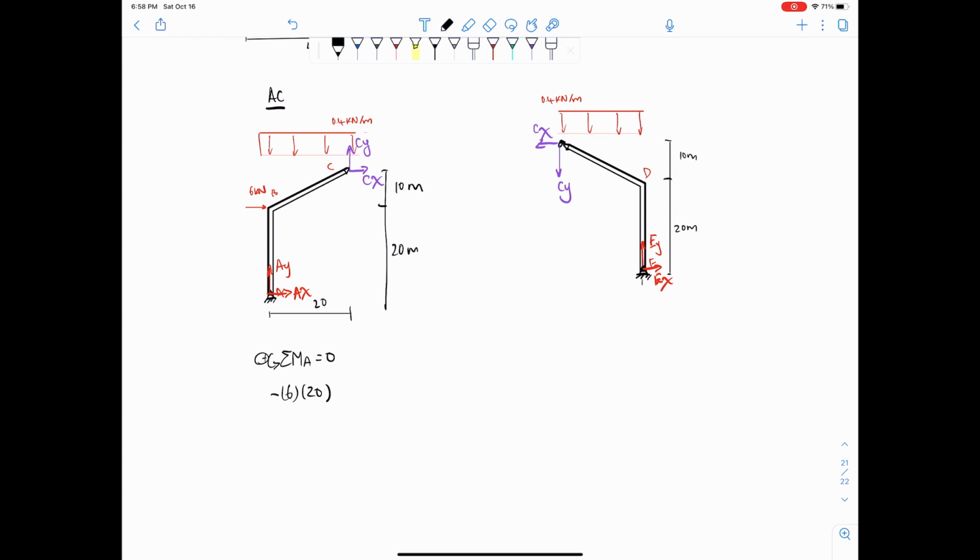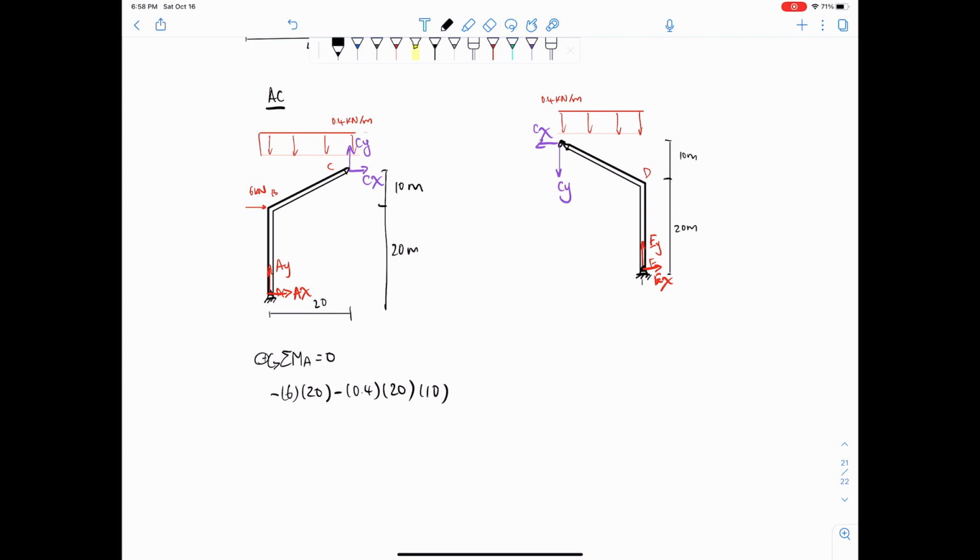Next is the distributed load, which equals 0.4 kilonewtons per meter times 20, the total distance here, and then times 10, because if you're replacing it with a load at the center, it would just be half of this distance. Keep that in mind.